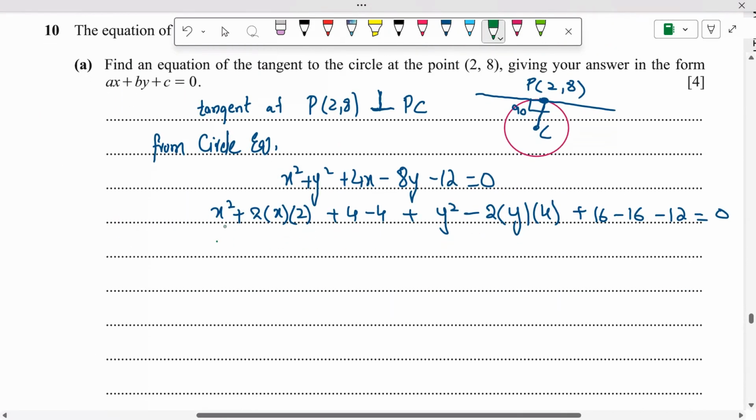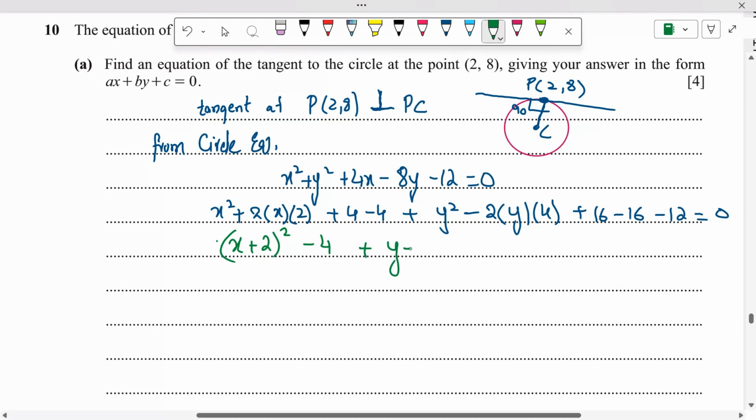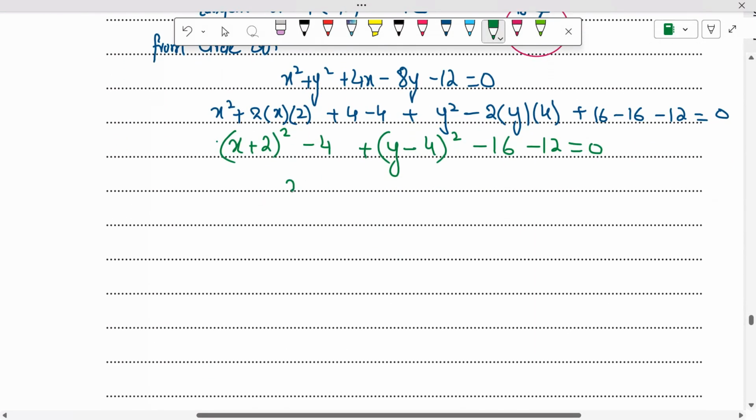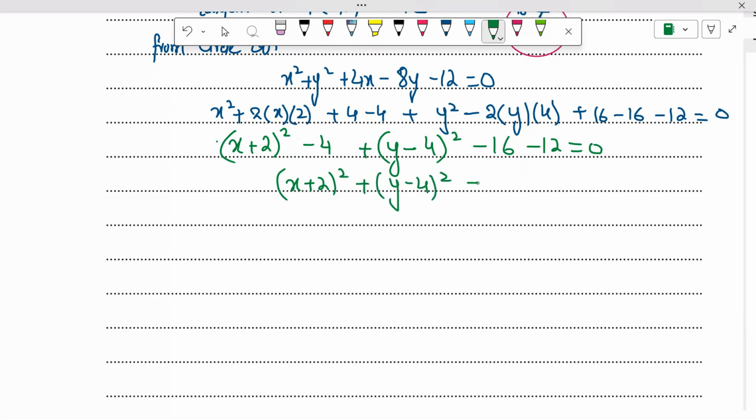Further solving, using a² + 2ab + b², it becomes (x + 2)² − 4 + (y − 4)² − 16 − 12 = 0. Further solving, we have (x + 2)² + (y − 4)² = 32.